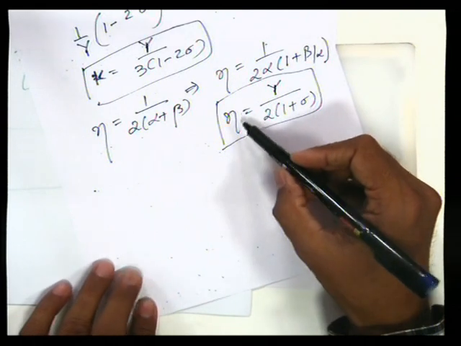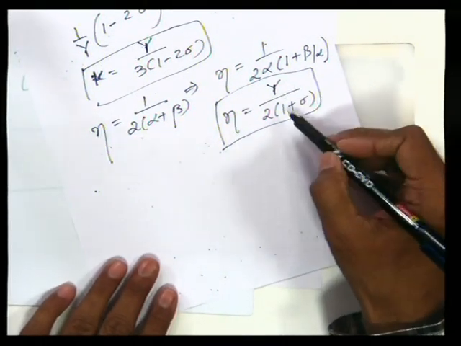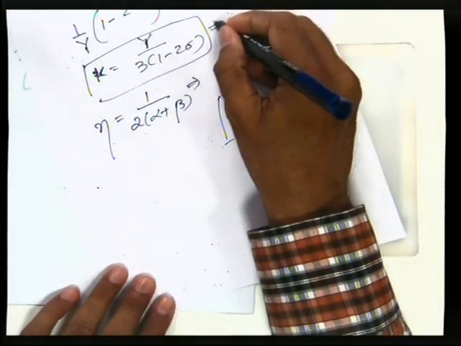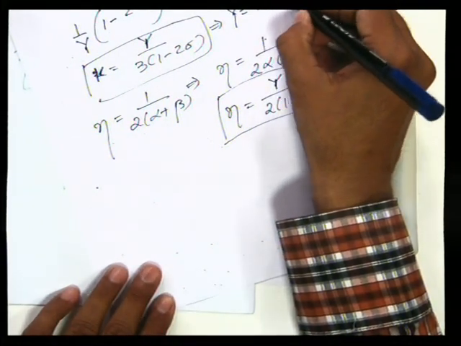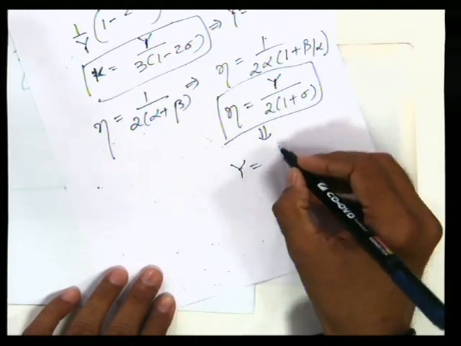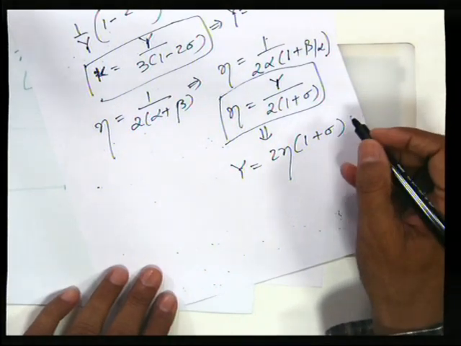This equation gives the relation between modulus of rigidity, Young's modulus and Poisson's ratio. From these equations we can write Y equal to 3k(1 minus 2 sigma), and Y equal to 2 eta (1 plus sigma).